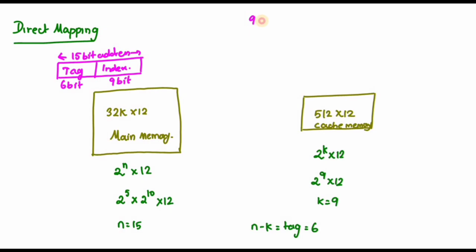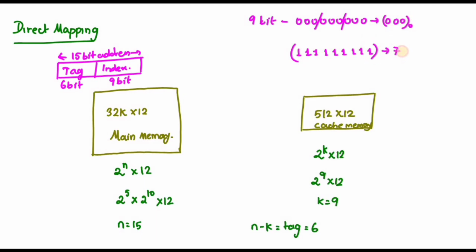The minimum value of the 9-bit index is all zeros and the maximum value is nine ones. Split into groups, I can represent these in octal as 000 and 777.